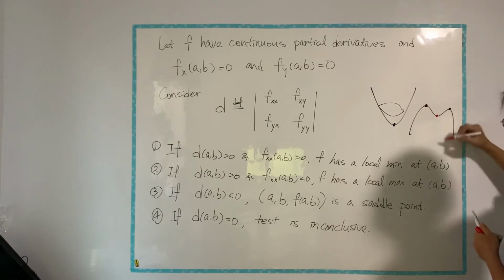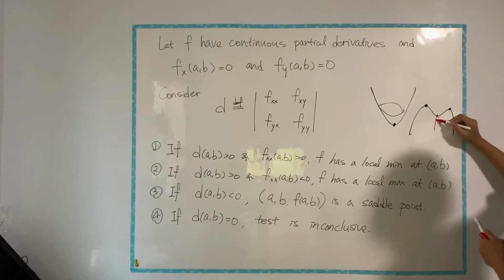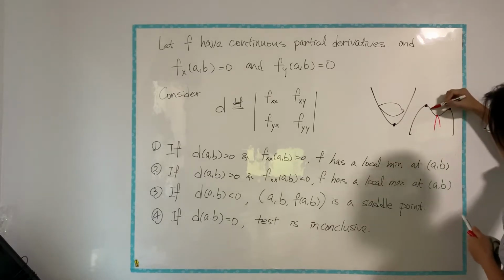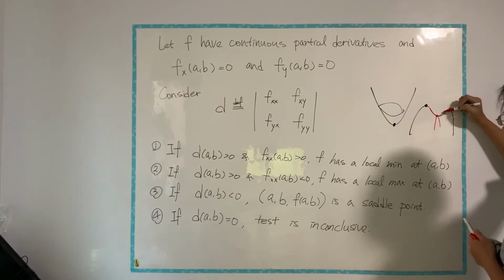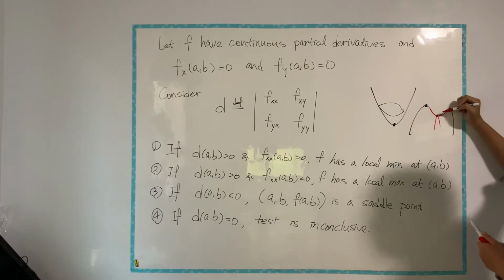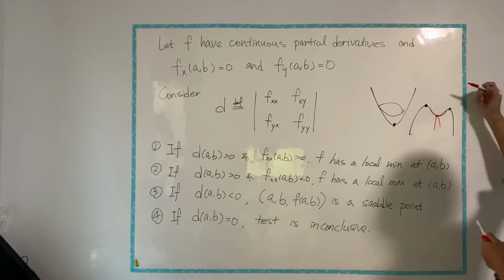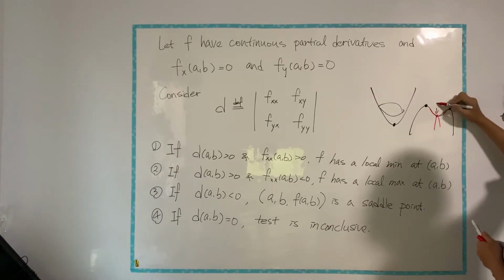Along this direction, along this curve, it's a local maximum. But if you look from the other direction, this point is a local minimum. This kind of point has a name, called a saddle point.